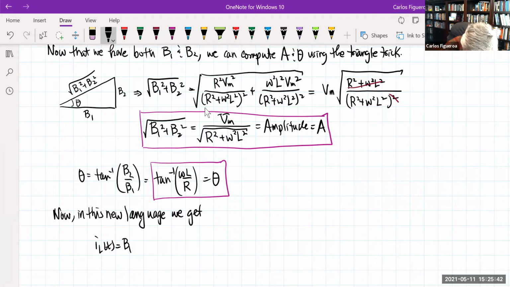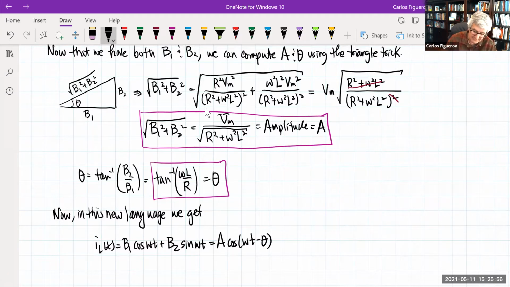We started with B1 cosine of omega t plus B2 sine of omega t, and we wanted to write this as cosine of omega t minus that phase.